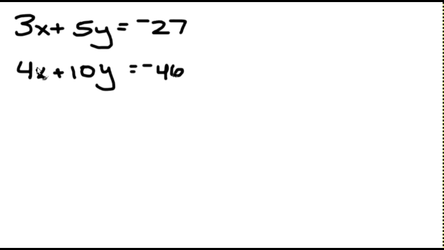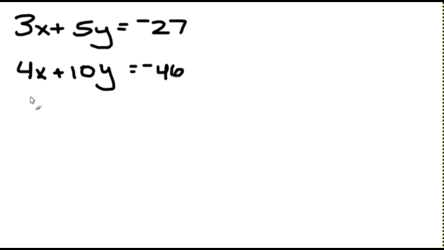Now, as in the previous two examples, there is not one value that has a coefficient of 1. But if we look for common factors, this bottom equation does have a common factor, which is 2, but it does not create a coefficient of 1 in any place.